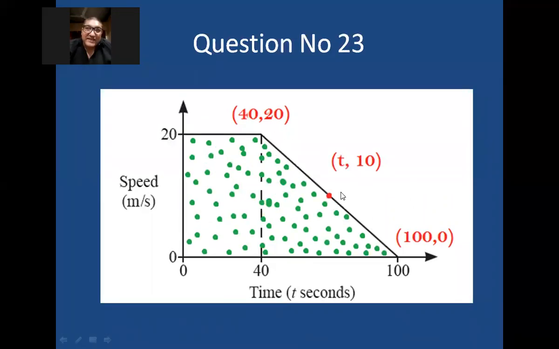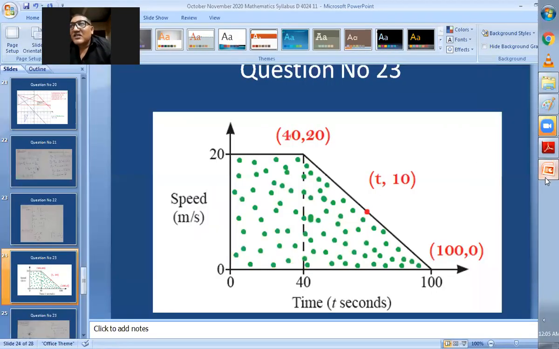This point on the graph will be t, 10. These 3 points are collinear, they are on the same line, so whatever is the slope of these 2 points, the same is the slope of these 2 points. Just make their slopes equal to each other and you will get the value of t. Very simple methodology.